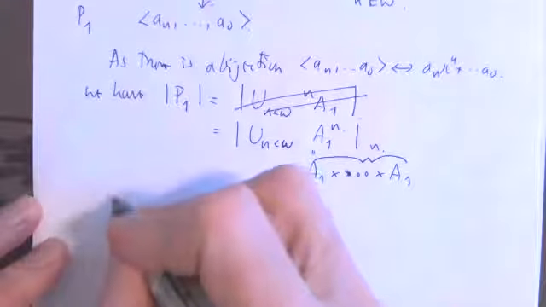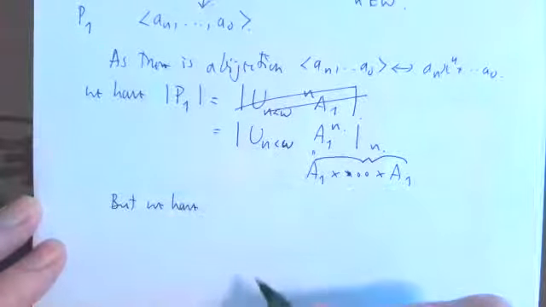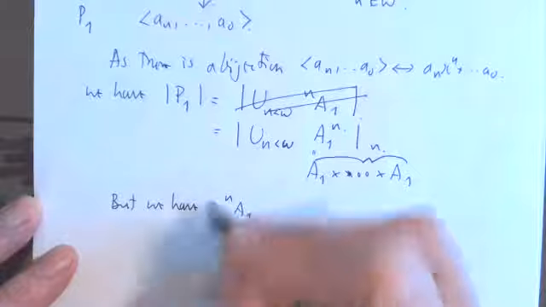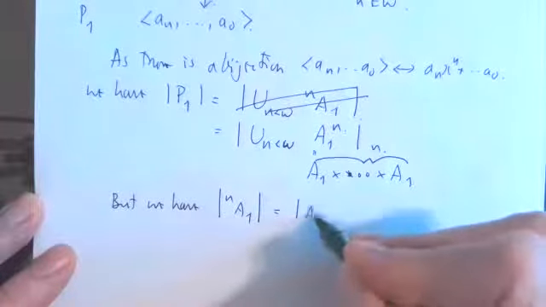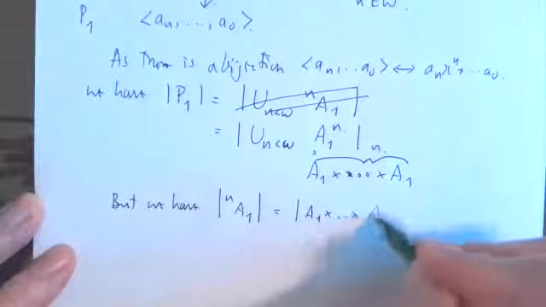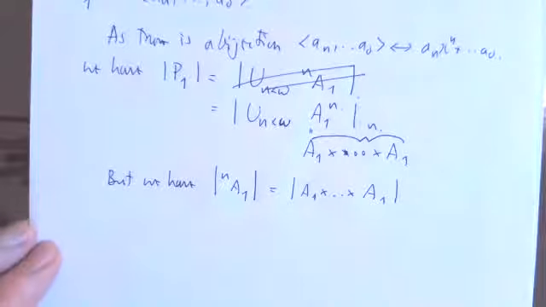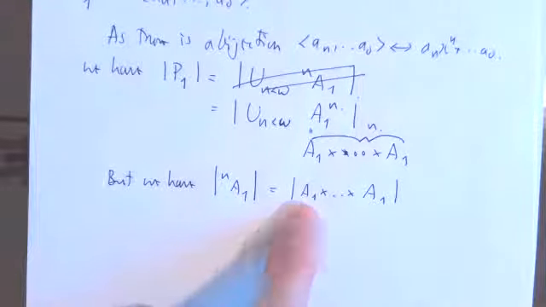But okay, what we have is that the cardinality of this, each of these has got cardinality Aleph 0.